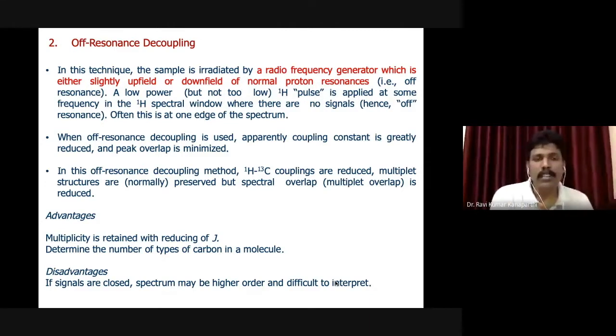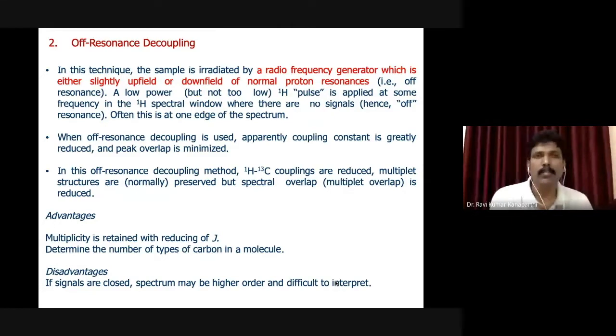What I mean is that, to have the off resonance decoupling technique, first of all, we need to record the proton NMR spectrum of the same compound and look at the proton signals. Let's say some proton is resonating at 2 ppm.